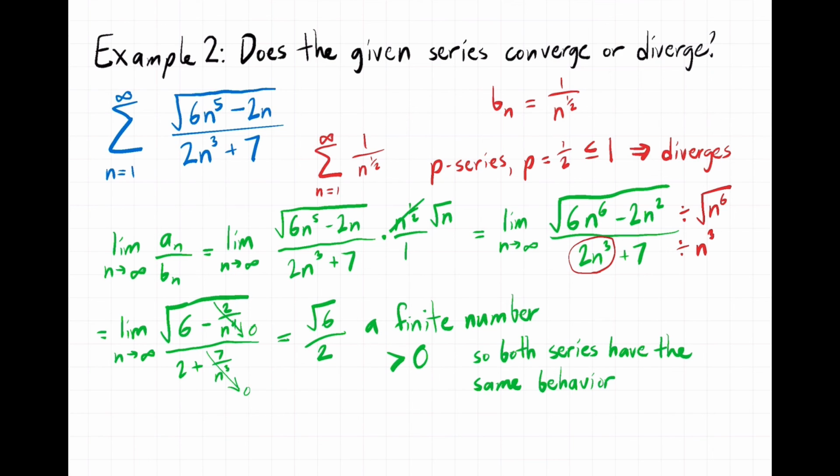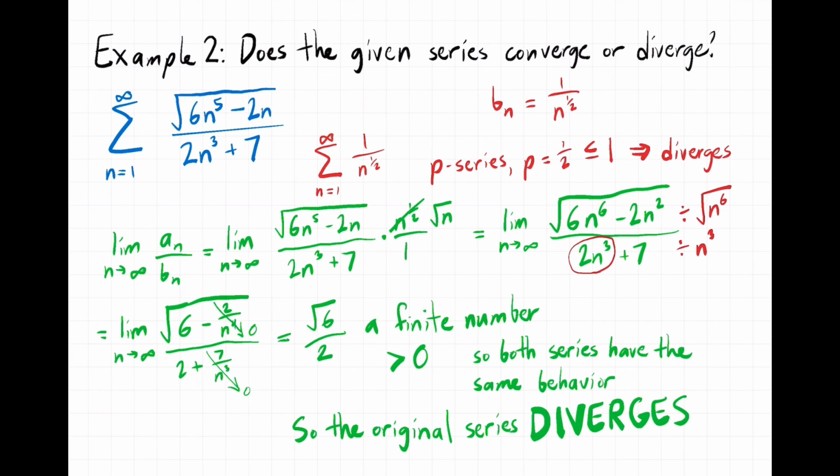The series that we compared to diverges. Therefore, the series that we're interested in, the series that we were looking at in the first place, also diverges. And we're done.